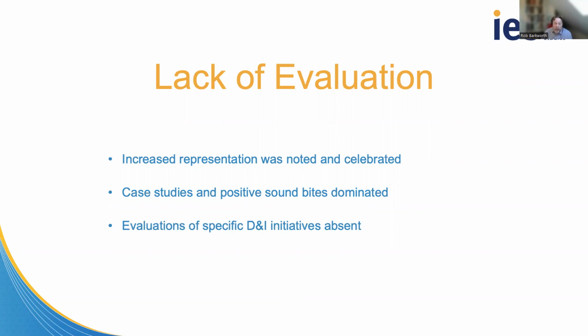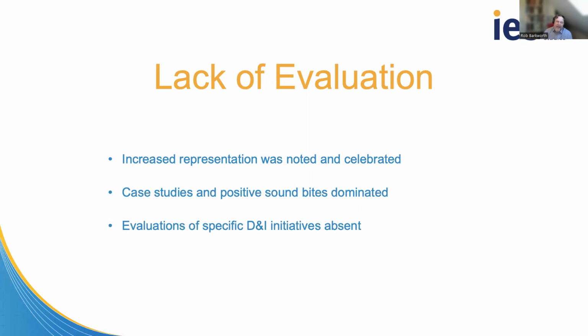So they were really quite celebratory where there were positive benefits seen from the previous policy cycle or strategy cycle. Lots of attention was drawn to when representation was increased, but of course there was no note of where things had failed.